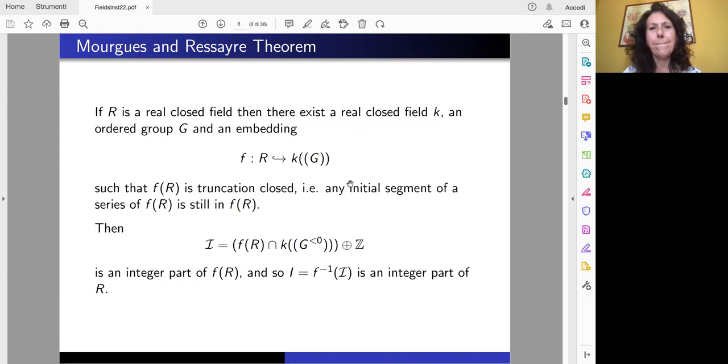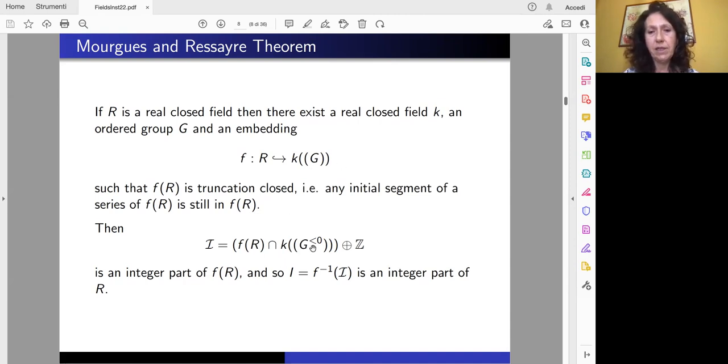Any initial segment of a series in F(R) is still in F(R). This means it is truncation closed. And then we consider I, which lives in the power series.